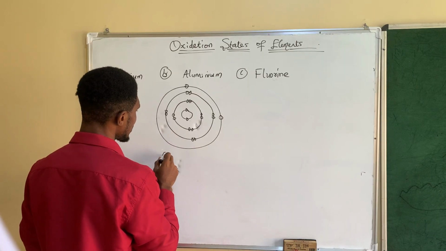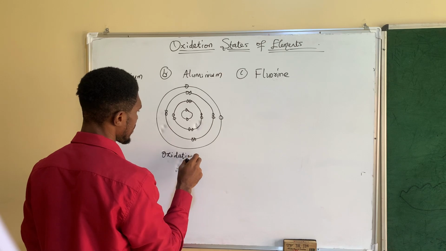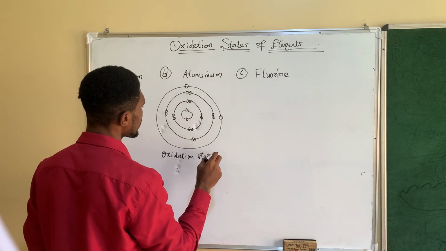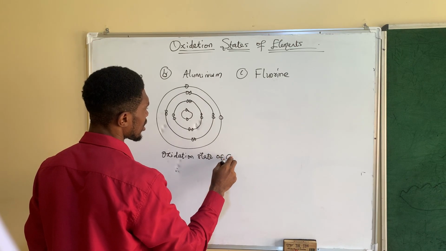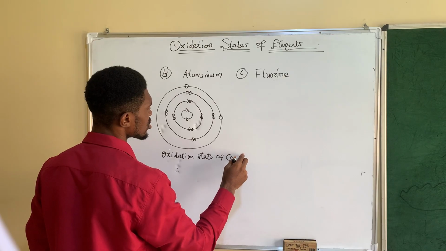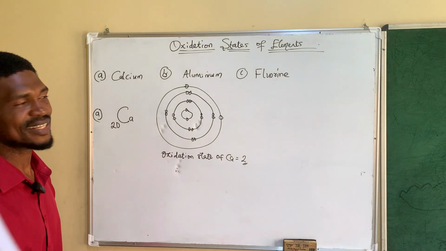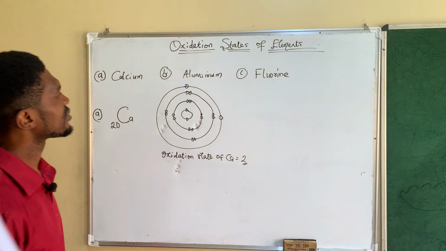So the oxidation state of calcium is equal to 2. It's as simple as that. So I've done that of A. Let me move to B.